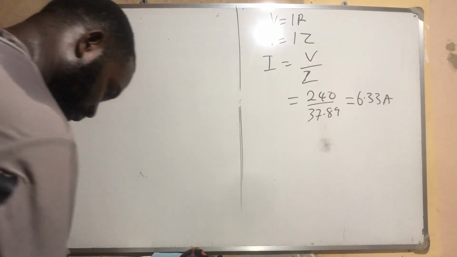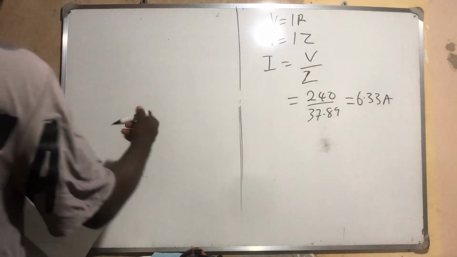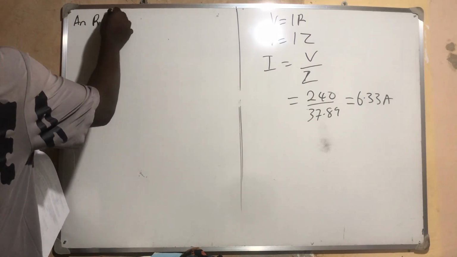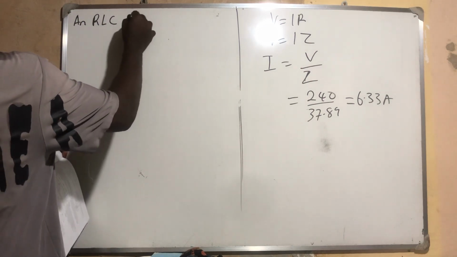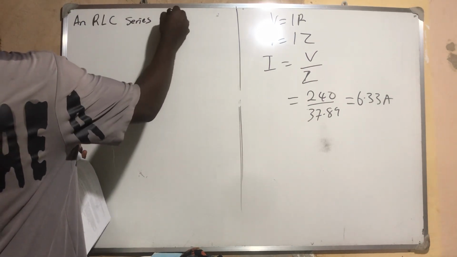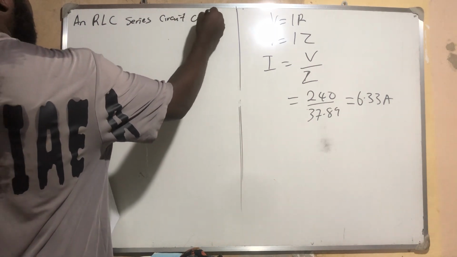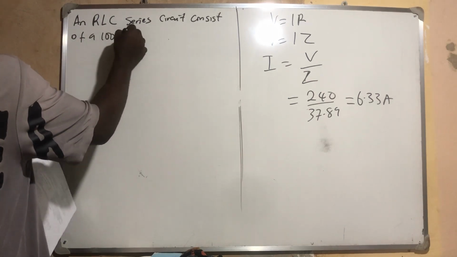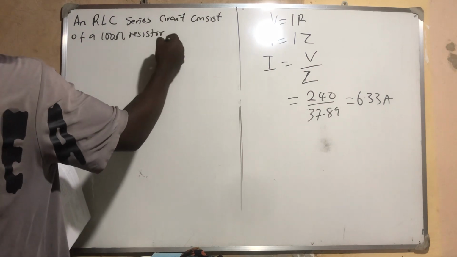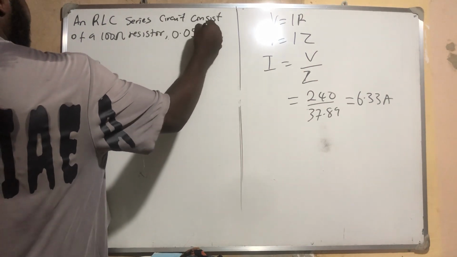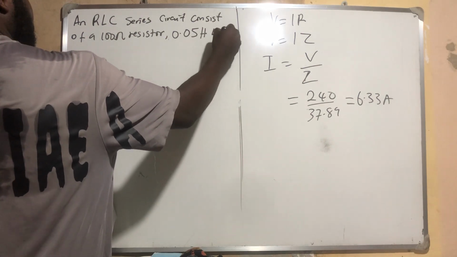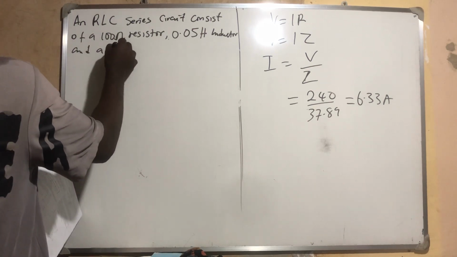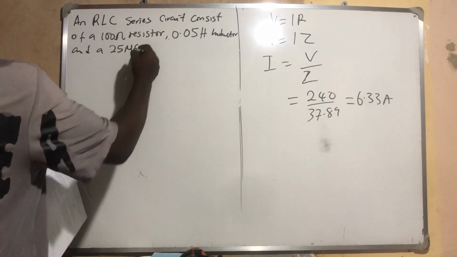We keep moving. So the next question said that an RLC series circuit, so it has a resistor, inductor, and a capacitor, consists of a 100 ohms resistor, 0.05 Henry inductor, and a 25 farad capacitor.